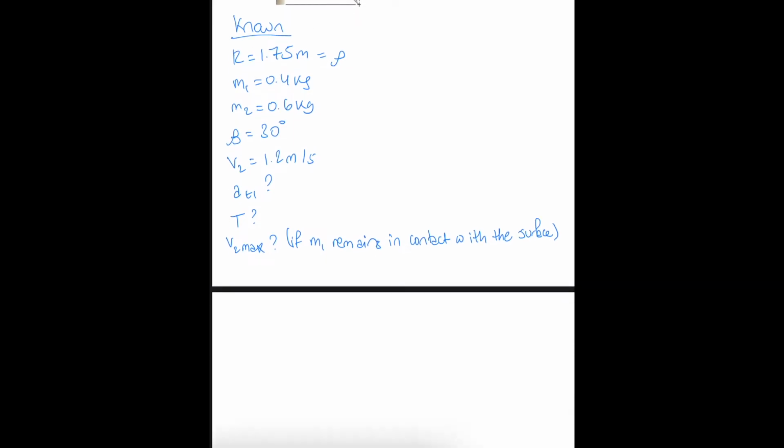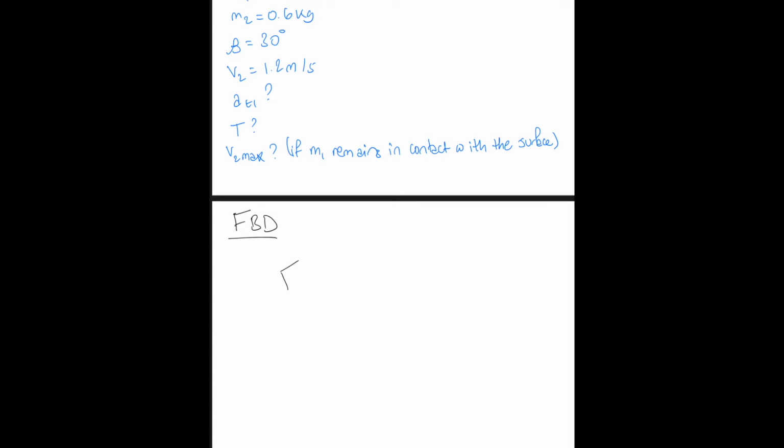All right, so let's get to it. Free body diagrams. So first of all, let's draw the free body diagram for mass M1. We've got the weight, the tension in the cables. First, let's identify the axes.